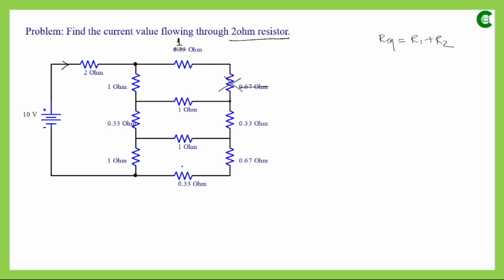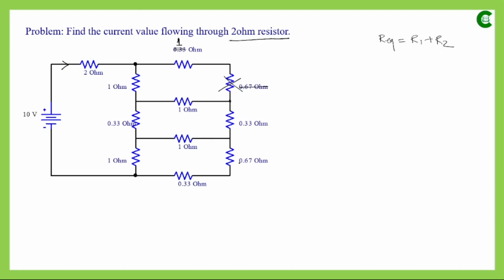Now if we come to the other part of the circuit, here also we have two resistances having the same type of value, 0.33 and 0.67 ohm, and they are also connected in series. Going by the same concept, their equivalent resistance will be the summation of these two values, and again the value will be 1 ohm.